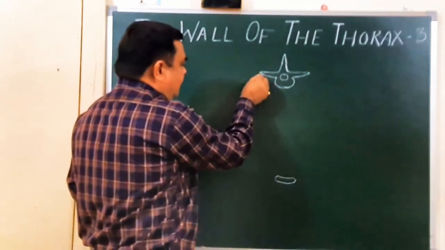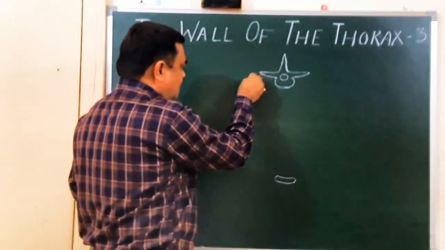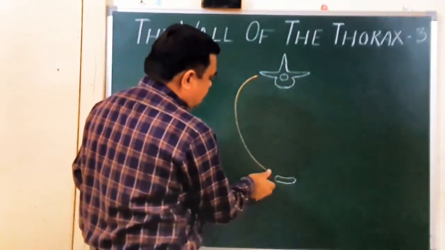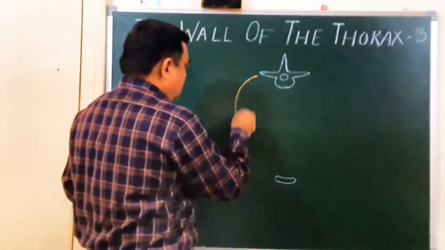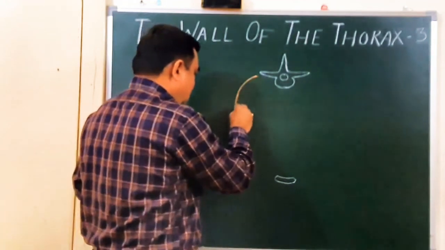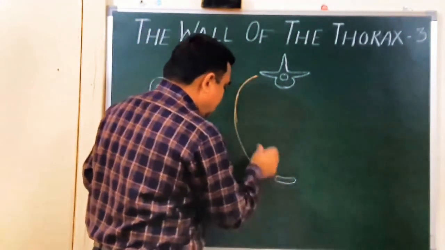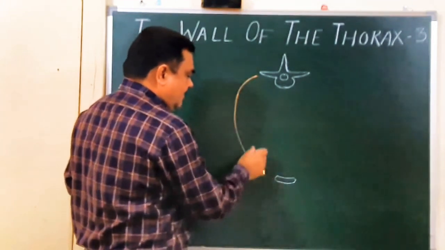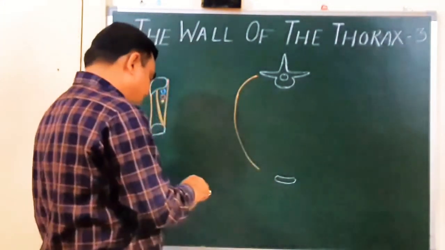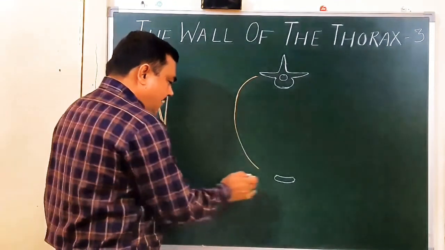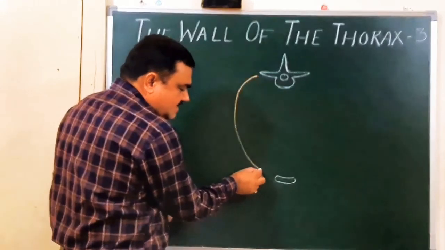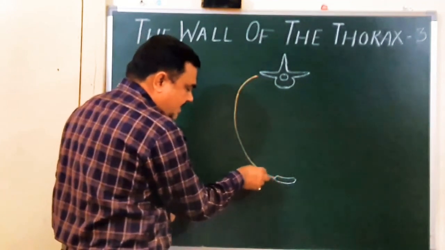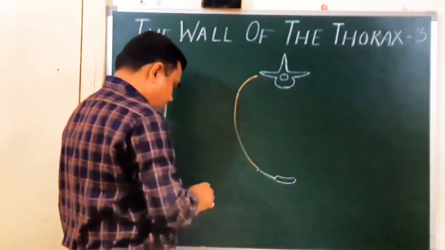Here is position of external intercostal muscle. This is external intercostal muscle, and this is level of the costochondral junction, from here to here. This is external intercostal membrane.